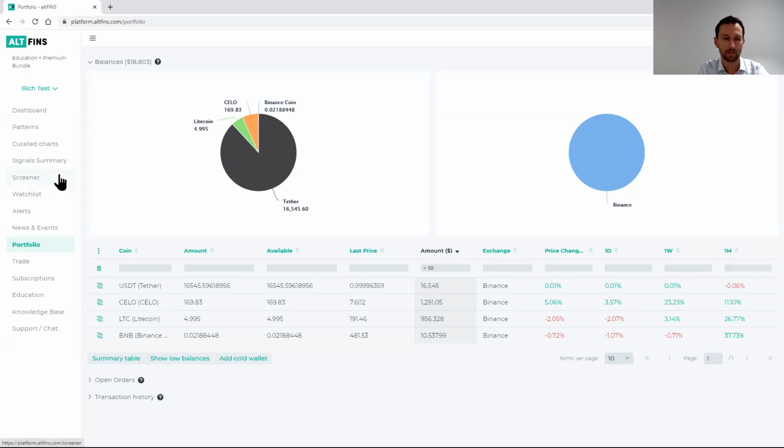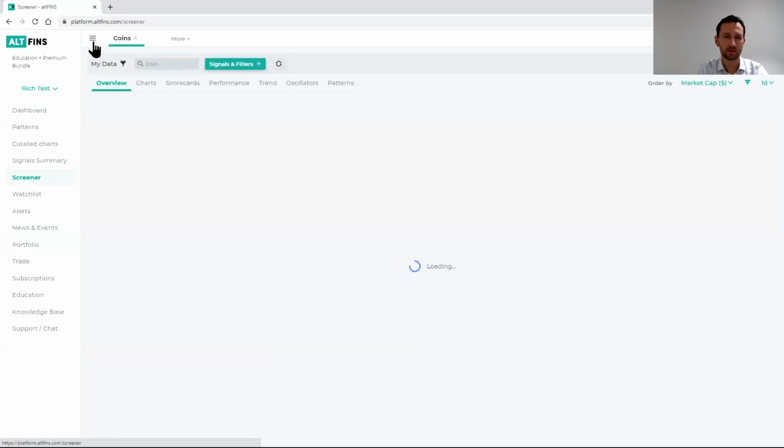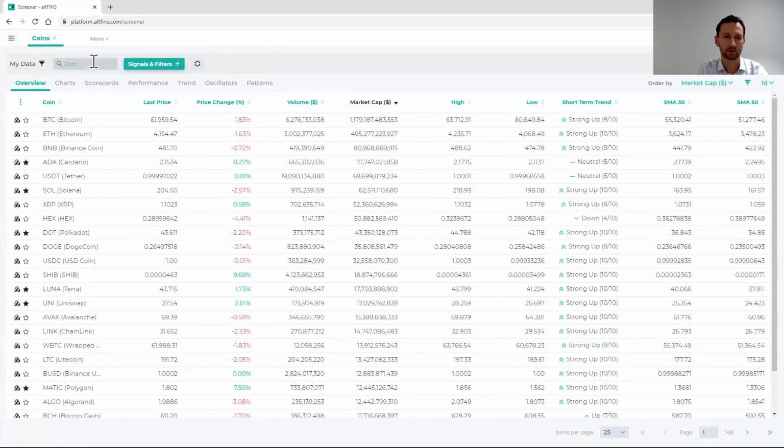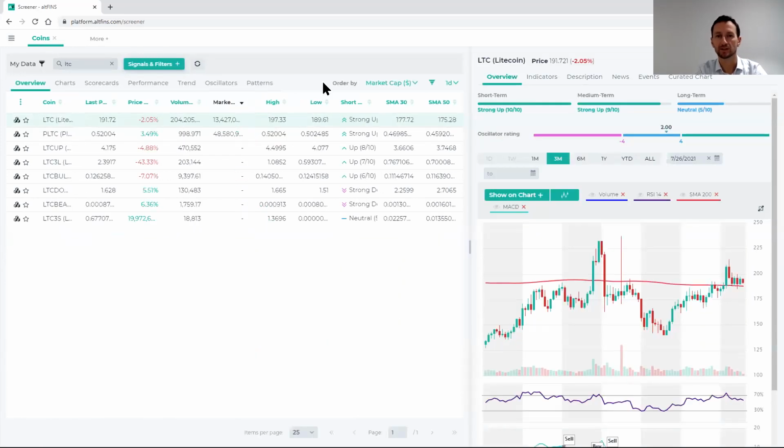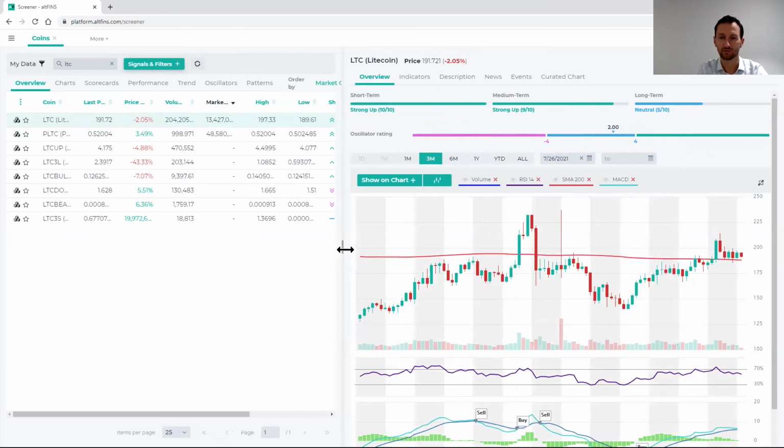This position, if we go to the screener, was triggered by our moving average crossover trading strategy, where we used the EMA 12 crossing the EMA 50 moving average as a signal to get involved.